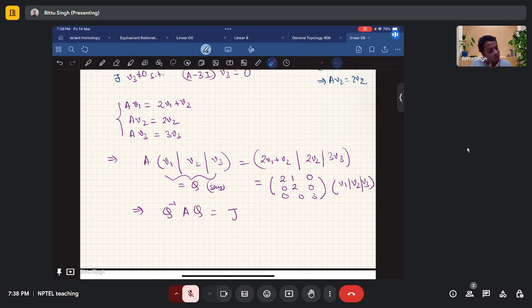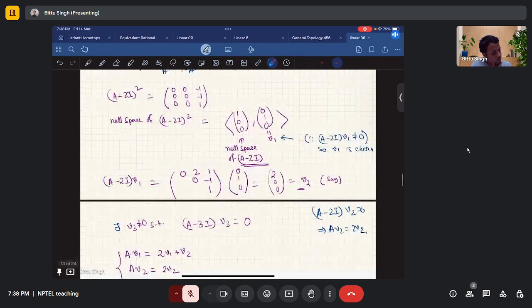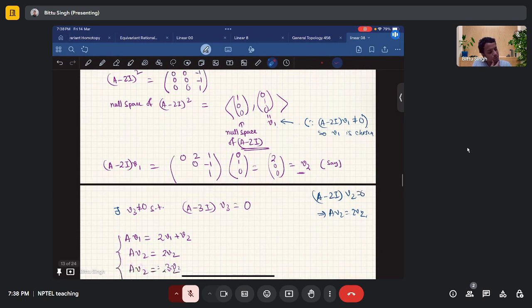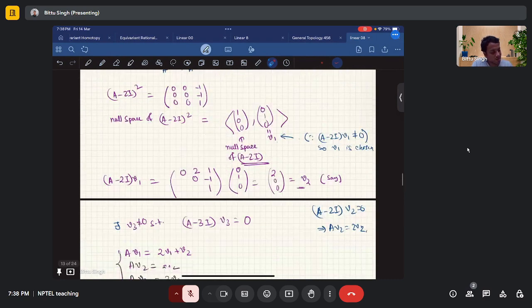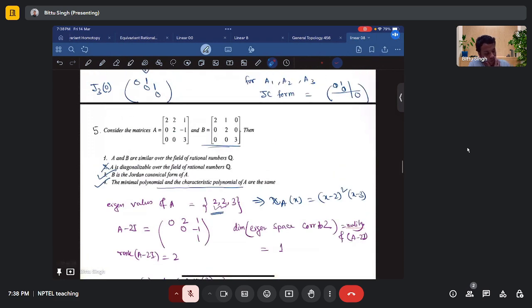We also note that v1, v2, v3 are actually rational. For example, v2 is this, and v1 is this. Another, v3, if we calculate, is also rational. Therefore it is true that A and B are similar.